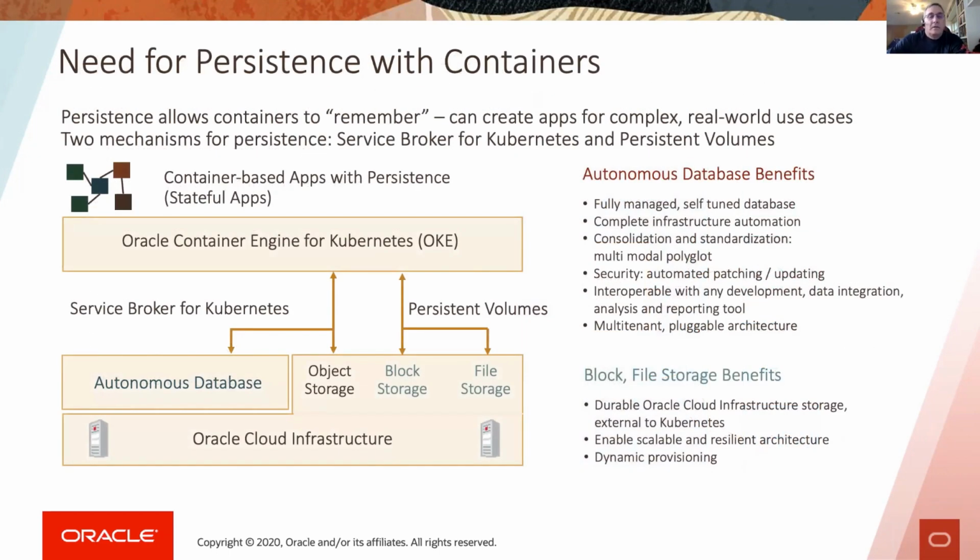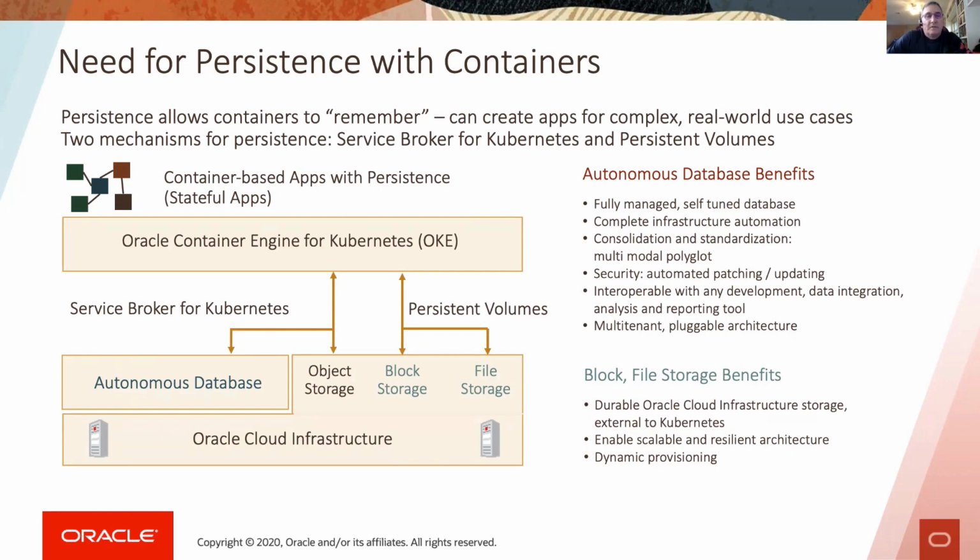Now obviously you need some persistence in some areas for those containers. Most of your applications, from a microservices standpoint, are looked at as stateless, but if you didn't maintain any kind of state, there wouldn't be much of an application.